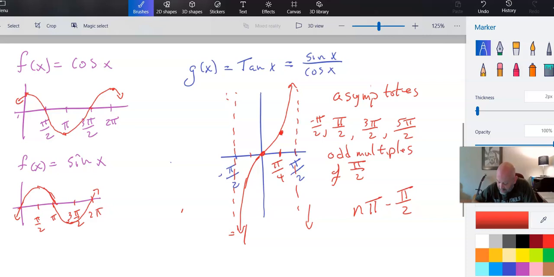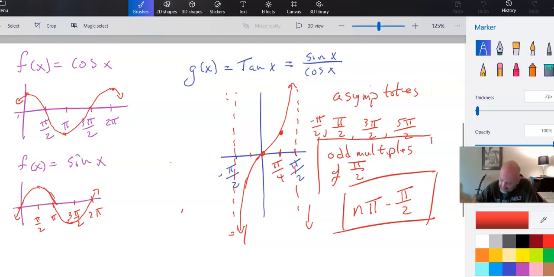So if you start at pi and subtract pi over 2, you end up with pi over 2. If I start with 2 pi and I subtract pi over 2, I get 3 pi over 2. So this is actually a little more formulaic. Your book just says odd multiples of pi over 2. We will need the other formula later on as we work through things. But for now, it's fine to just say odd multiples of pi over 2.